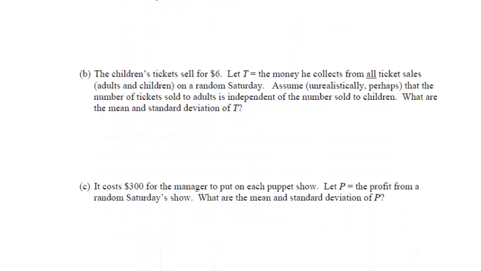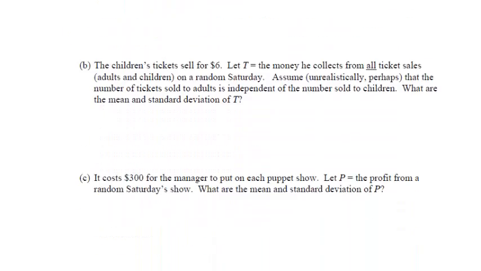The main problems came with, not C, main problems came with number 2. For C, it costs $300 for the manager to put on each puppet show. Profit from a random Saturday show. Mean, you can take all the money that you receive for part B and take away $300.